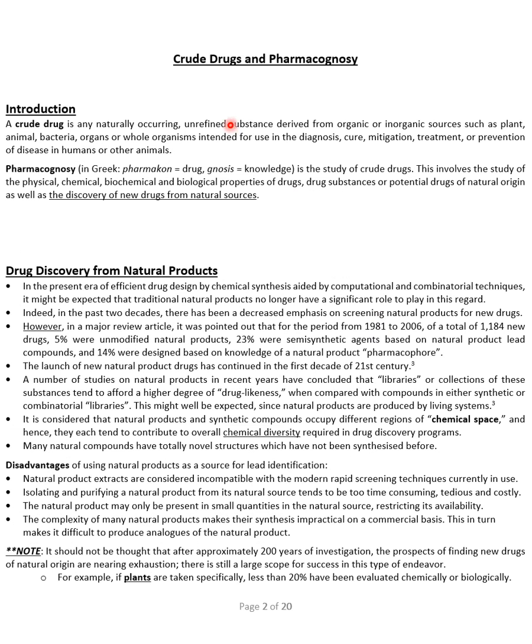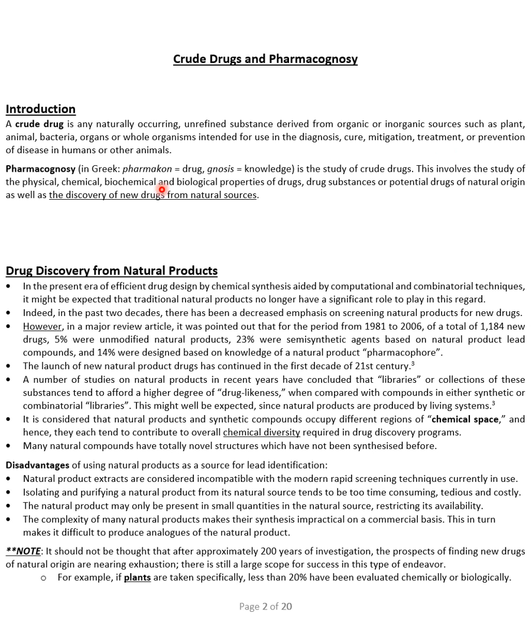Let's talk about CrudeDrugs and pharmacognosy. First of all, a crude drug is any naturally occurring unrefined substance derived from an organic or inorganic source, such as a plant, animal, bacteria, organs, or a whole organism, for the purpose of either diagnosis, cure, mitigation, treatment, or prevention of a human disease or an animal disease.